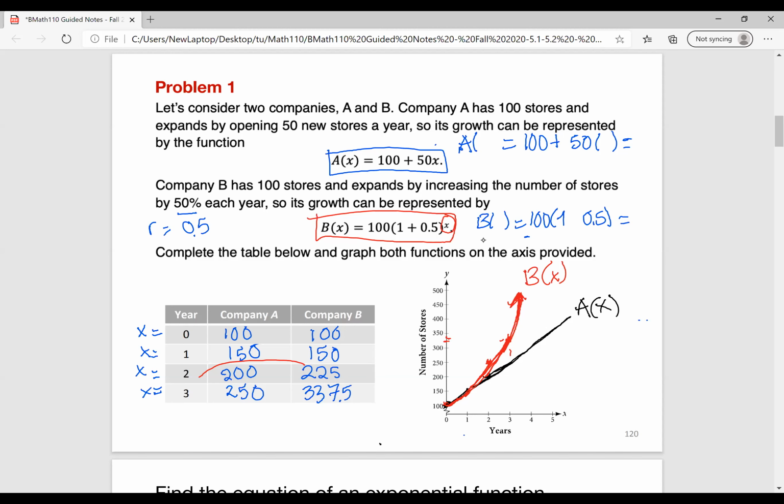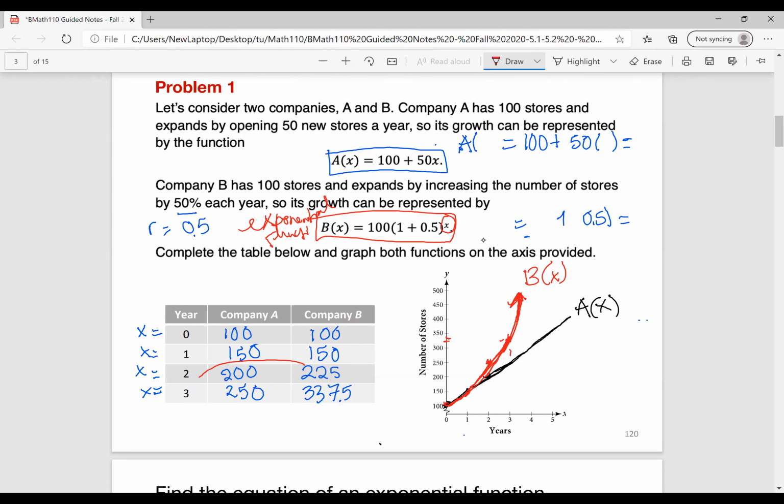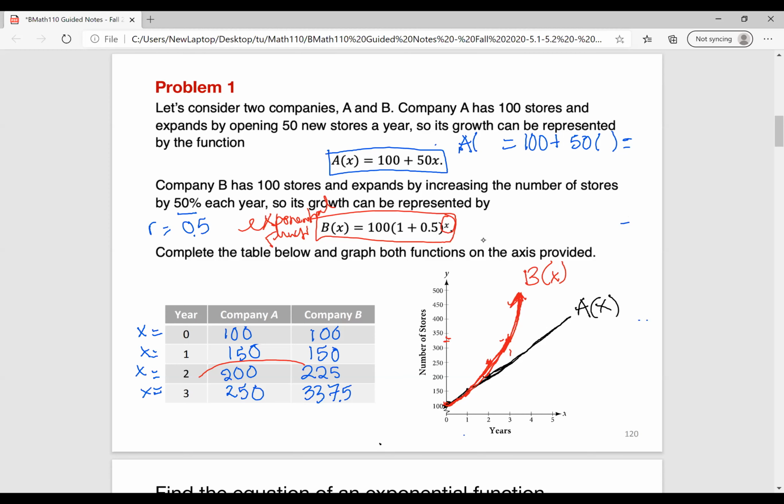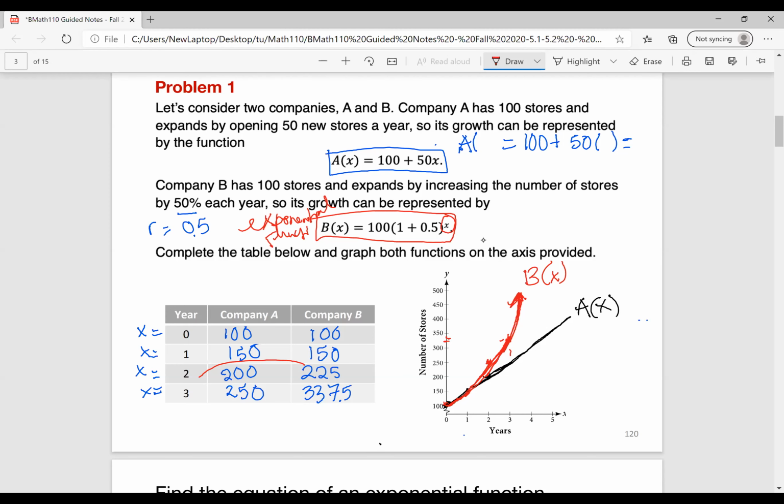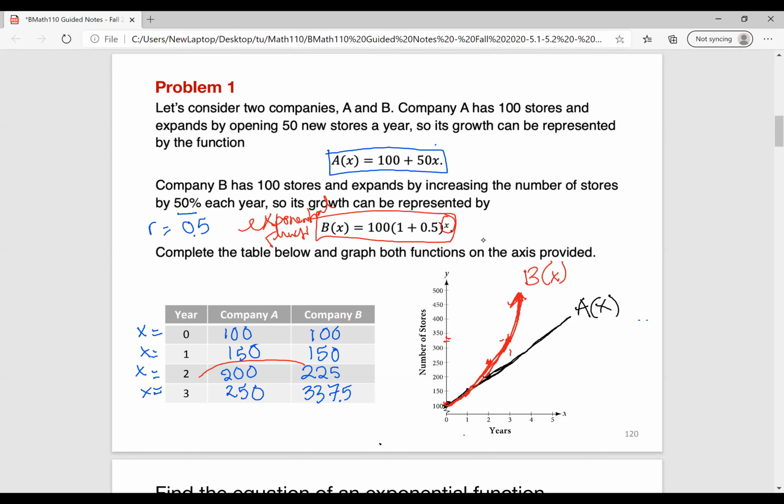So that is one thing you can see as the difference between an exponential function and a non-exponential function. So this is an exponential function, and you see that the exponent now has a variable.